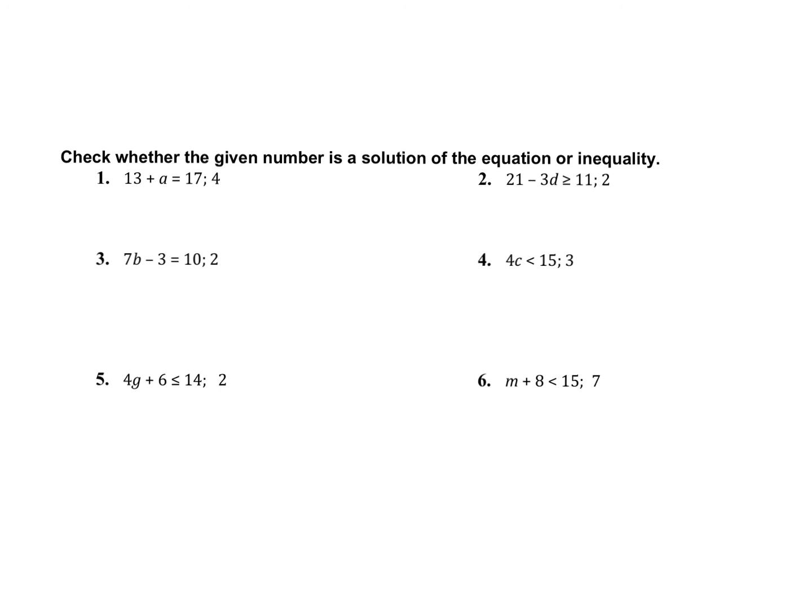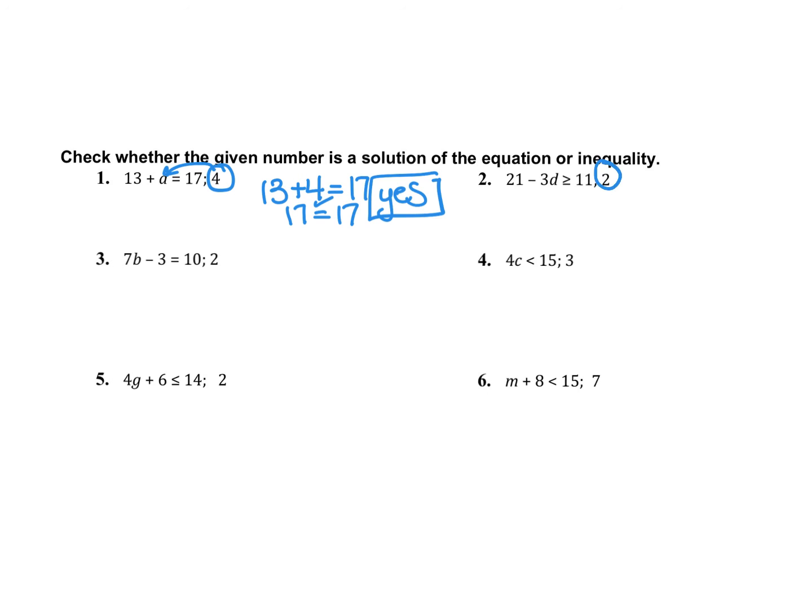All right, let's do a few more of these. So we're going to check to see, is 4 a solution to this equation right here? So do we have 13 plus 4 equal to 17? 13 plus 4 is 17. And because it is, yes, this is a solution. All right, number 2, we have 21 minus 3d is greater than or equal to 11.